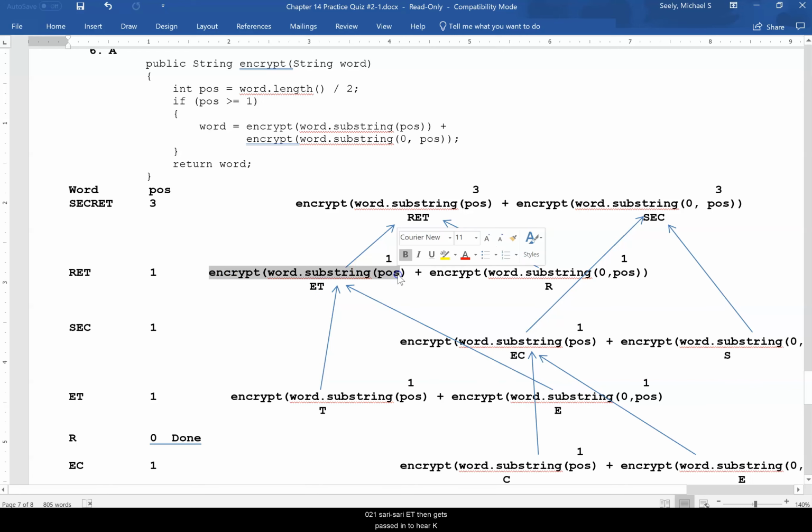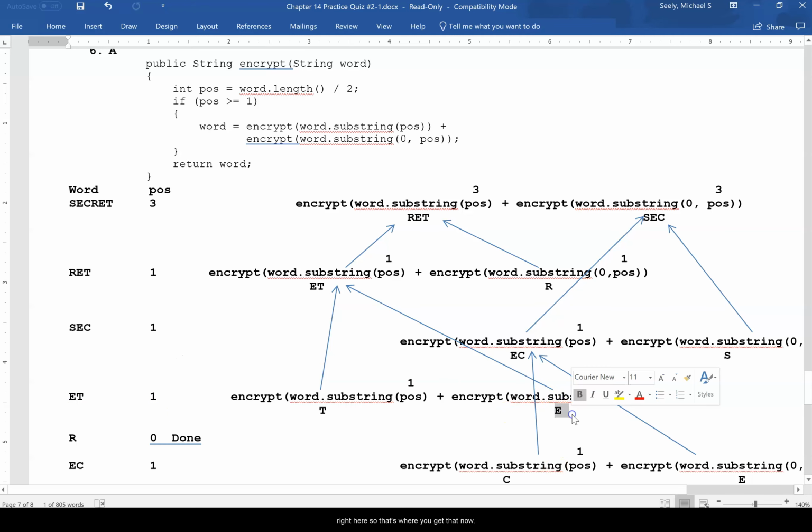ET then gets passed into here. Okay, and ET with the position of 1 gives us just the T right here, okay? 0 to 1 gives us our T, and then 0, 1 gives us the E right here. So that's where you get that.